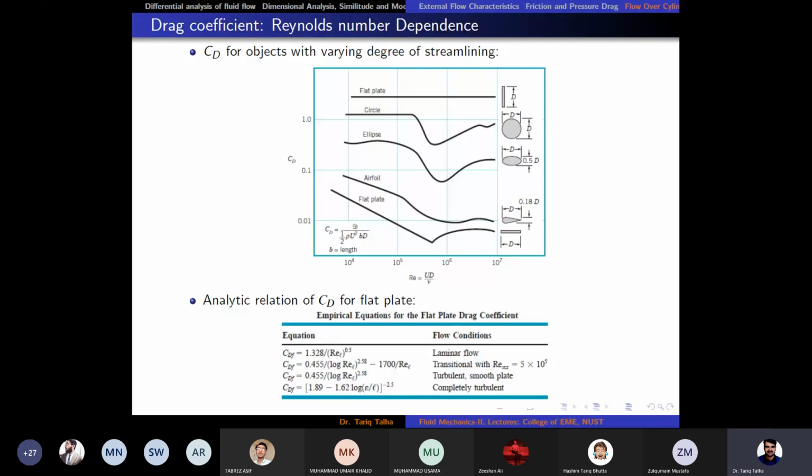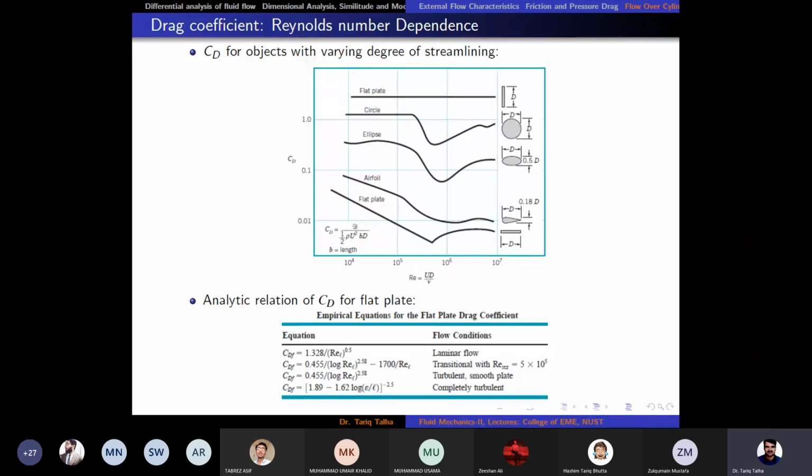But in many cases we don't want lift to be present. Like for the ground vehicles, we don't want to have more lift force. Otherwise, there would be more jumps and there would be more wear and tear for the shocks which are placed to reduce that wear and tear.